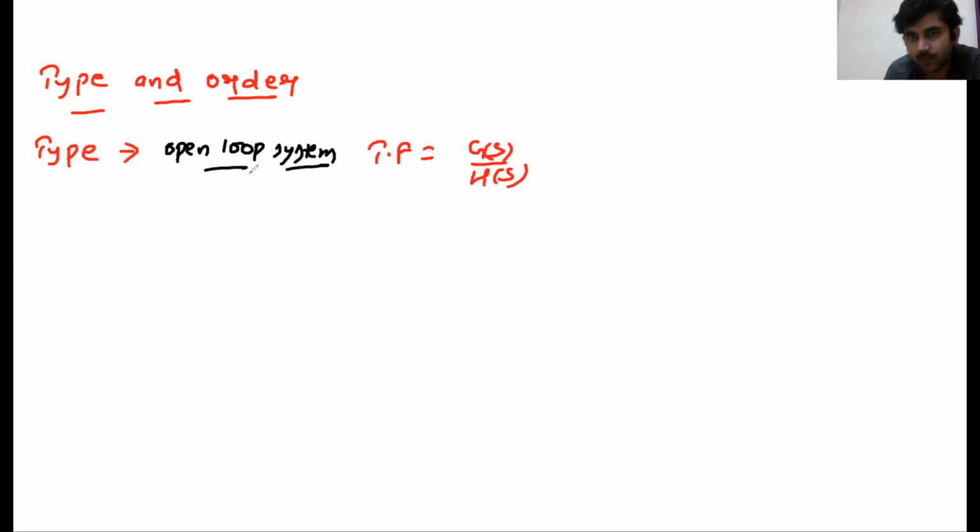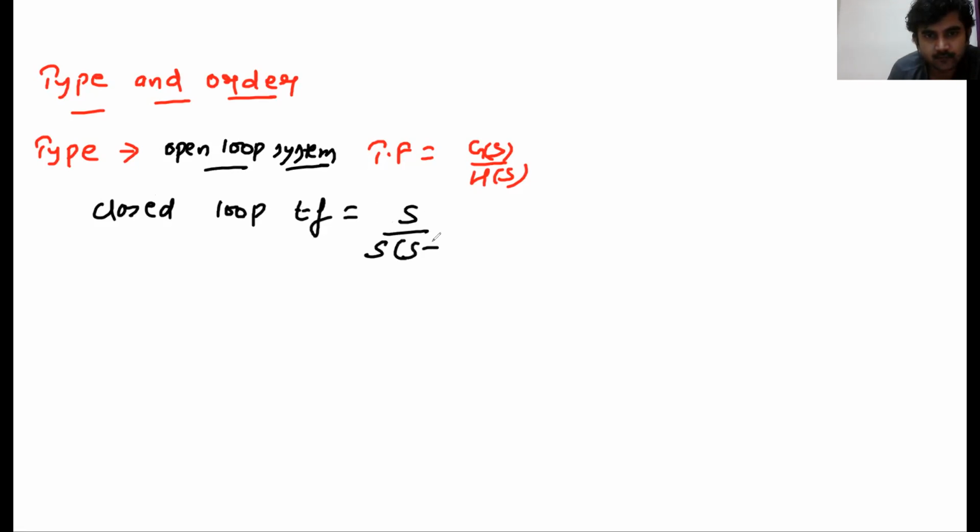So you have to first find the open loop system. For example, we have a closed loop transfer function. Change it to open loop. After that, we can find the type of the system. Let's take an easier example, a closed loop transfer function.